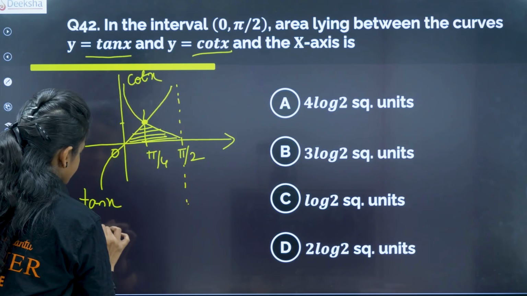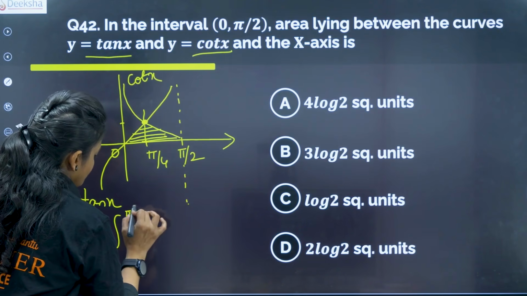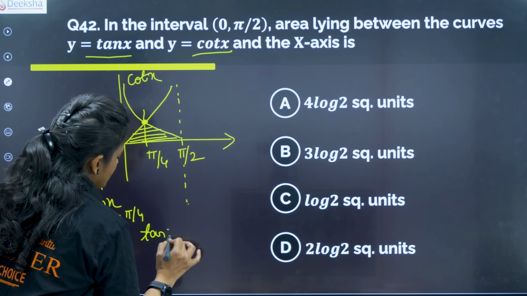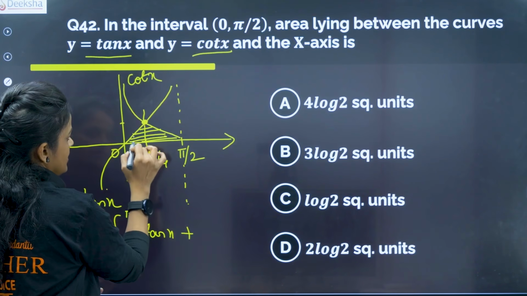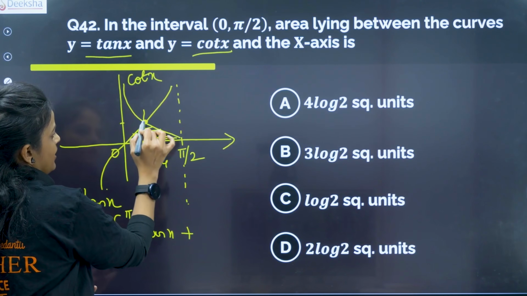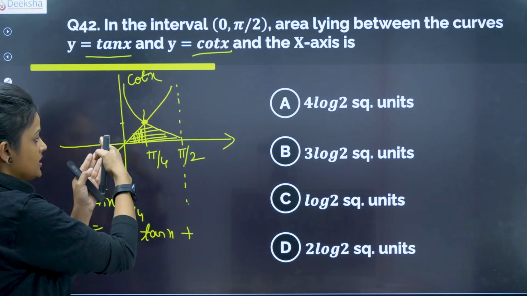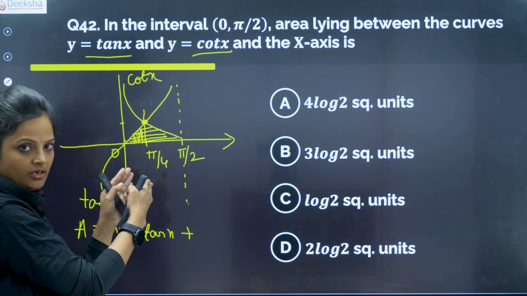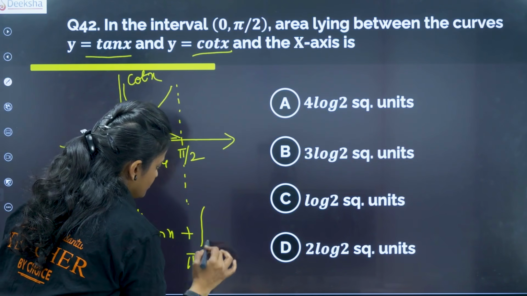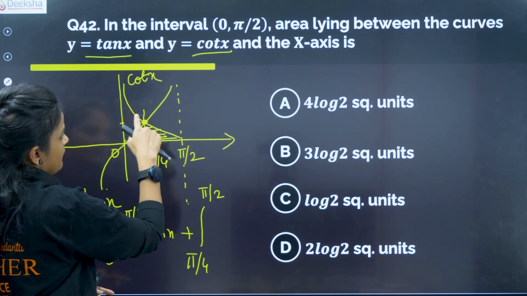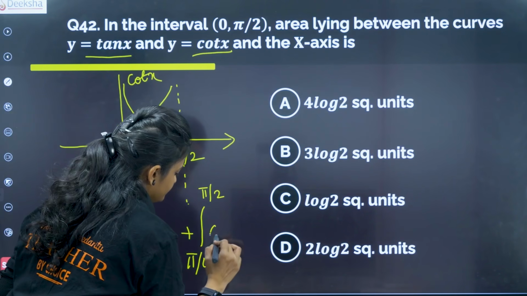So take 0 to pi by 4, the curve taken is tan, plus this area. 0 to pi by 4, you break that. Okay, 0 to pi by 4 is area 1, pi by 4 to pi by 2 is area 2, for which we have taken the cot curve.